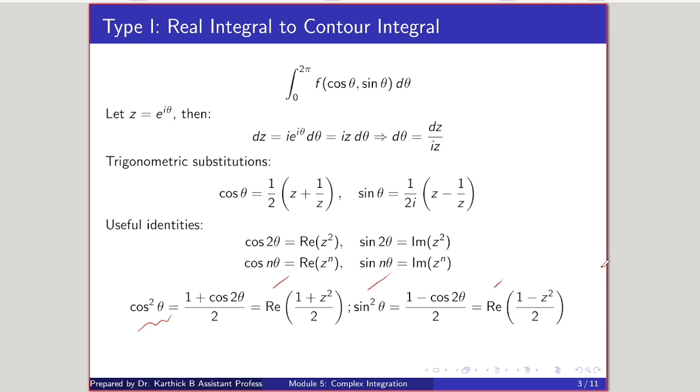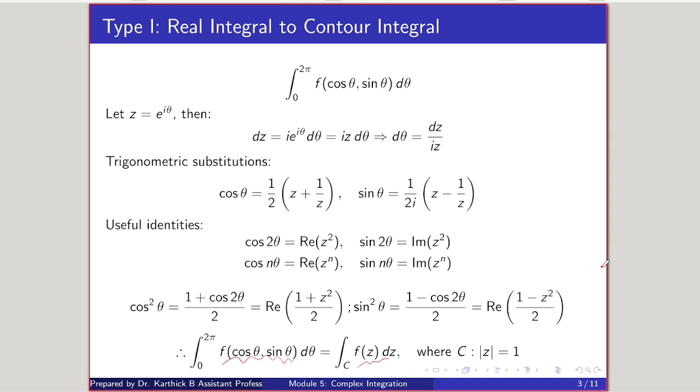So if I get any function in the form of theta, trigonometric functions, we will convert it into f of z. So finally we convert the whole function into a contour integral over c of f of z.